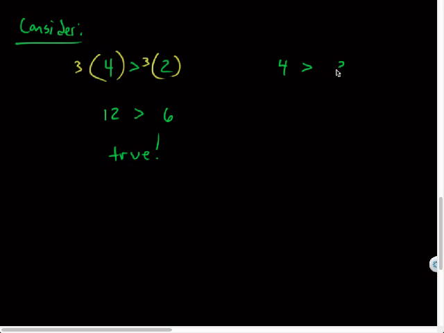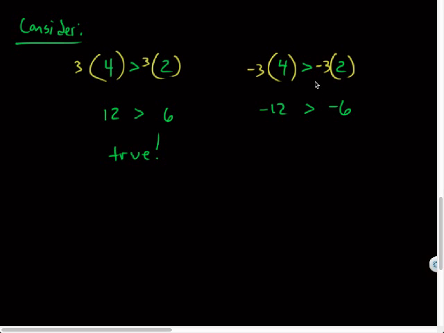4 greater than 2. And this time let's multiply both sides by negative 3. And I'm going to get negative 12 is greater than negative 6. Is that true? No. I wouldn't want to have $12 of debt, right? $12 of debt is worse than $6 of debt.